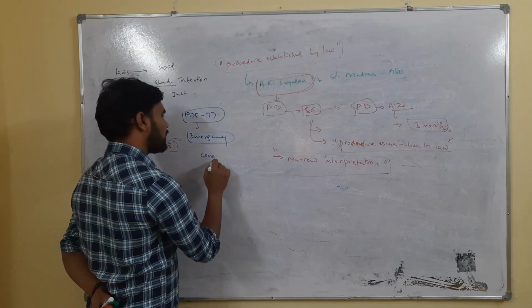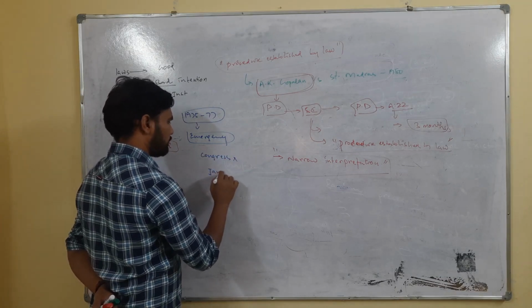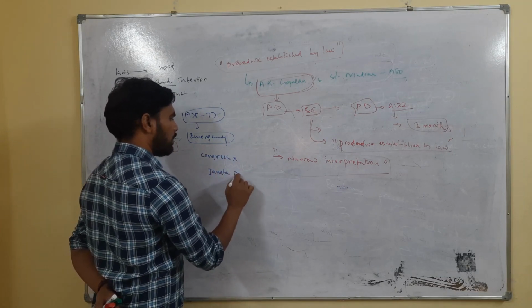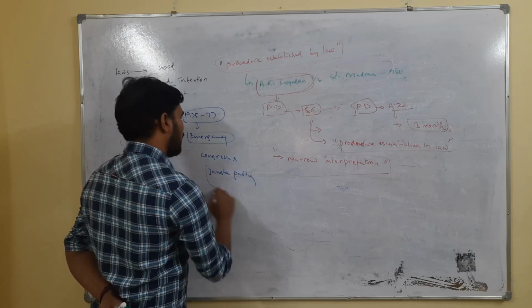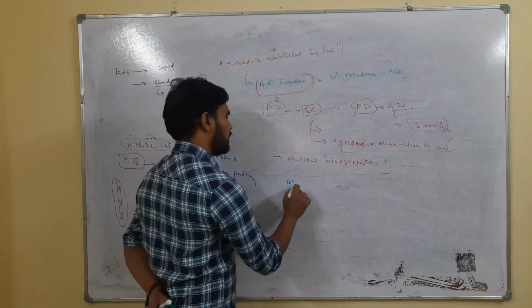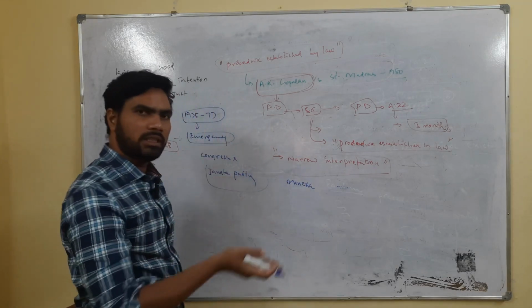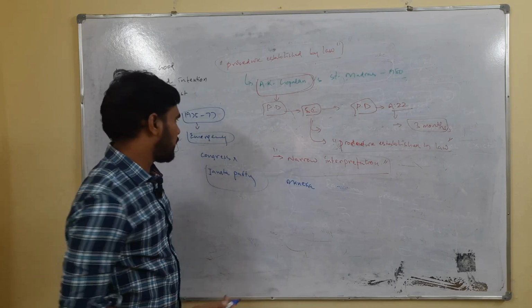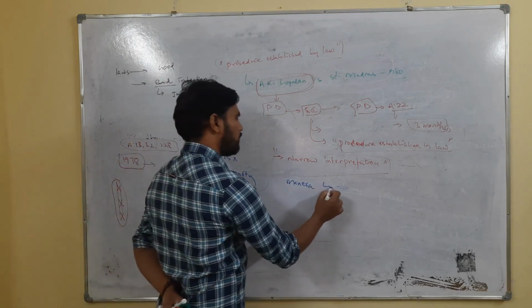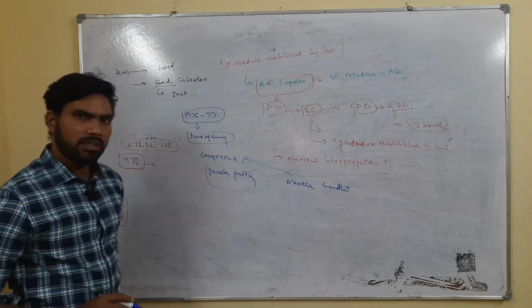Under that, the Congress party was defeated and the Janata Party came into power. You have to remember that at that time Maneka Gandhi, presently associated with the Bharatiya Janata Party, was a journalist and a social activist.